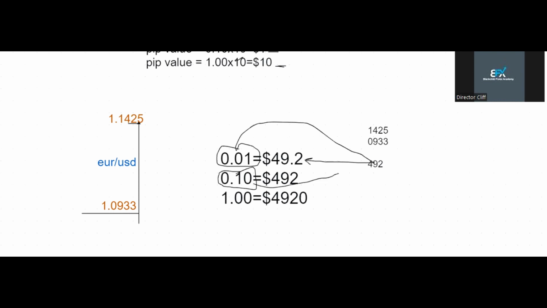If you're using the standard lot size, you multiply it by this and you find out how much money you're going to make. All right. So I think by this time I have simplified how much money you're making on every pip. Just find the difference in the first place. Once you find the difference, just multiply that difference by the lot size that you're using. And that makes it easy for you to understand.